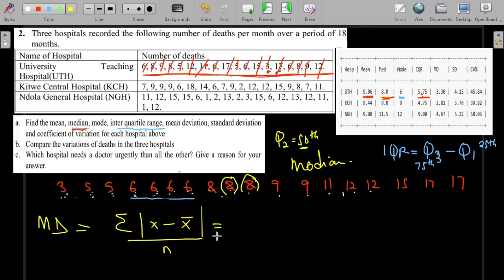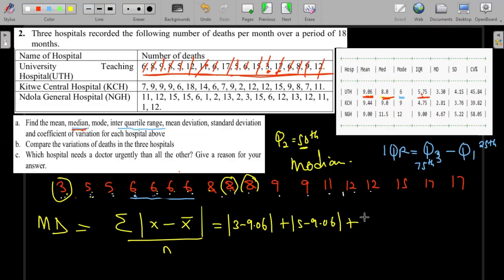So this will just be equal to this value minus the mean, its modulus, plus this value minus the mean, its modulus, plus just like that. So it will be 3 minus the mean, which we found was 9.06, modulus, plus 5 minus the mean, modulus, plus another 5.